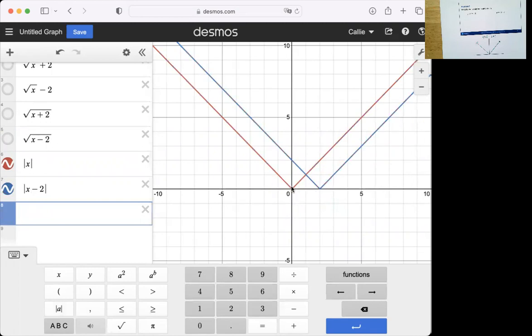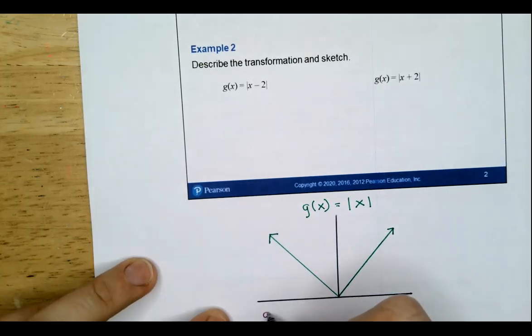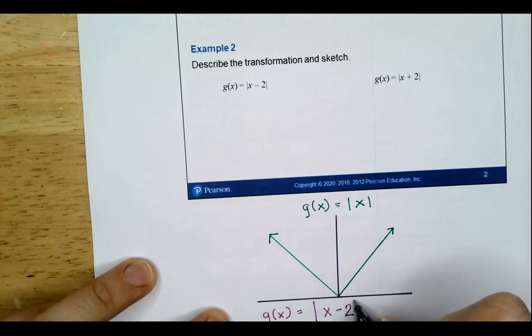Good. So the absolute value of x is right at the origin, 0, 0, and then x minus 2 moves in the positive 2 direction. Okay? So g of x equals the absolute value of x minus 2.